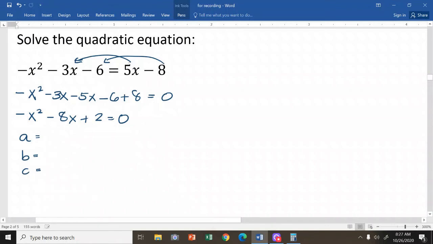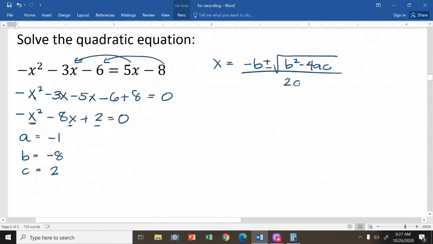So, ang value ng A natin, yung coefficient ng x squared, is negative 1. Yung value ng B, yung coefficient ng x natin, is negative 8. And yung value ng C natin is positive 2. Okay, so, using yung ating quadratic formula, meron tayong x is equal to negative b plus minus square root of b squared minus 4ac over 2a.